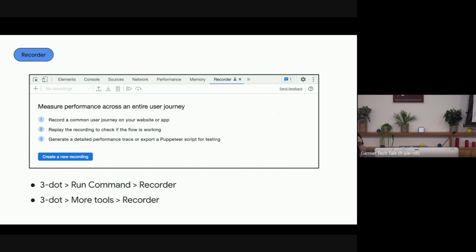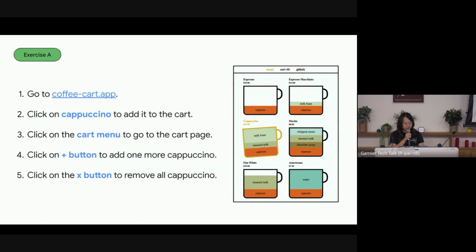If you have the laptop, this is supposed to be the page you see. From the page, it tells you clearly what to do: step 1 to record, step 2 to replay, and step 3 to generate a detailed performance trace if you want to create a recording.